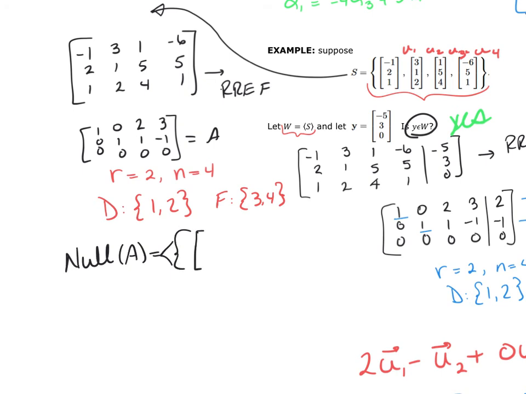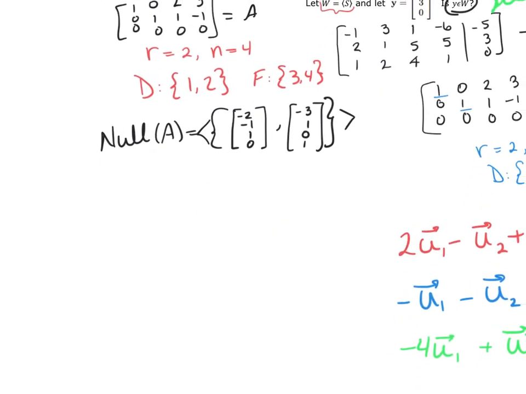But my first vector is going to be -2, -1, 1 and 0. And then my other one is going to be -3, +1, 0, 1. Okay. Now what does this tell me?